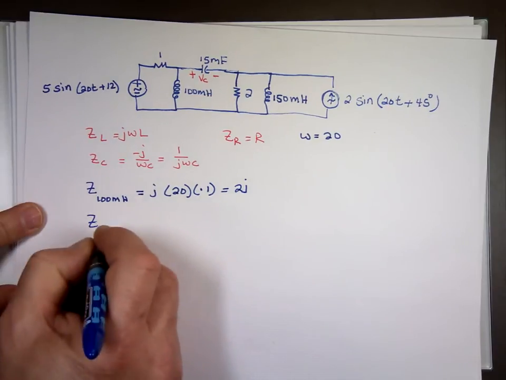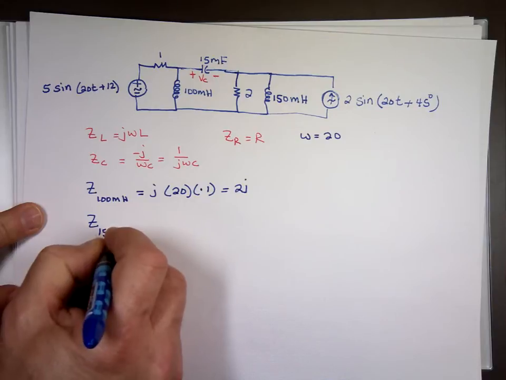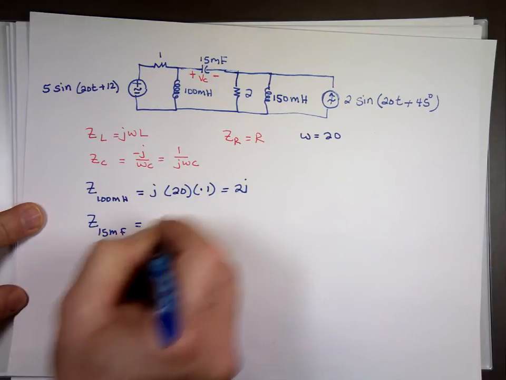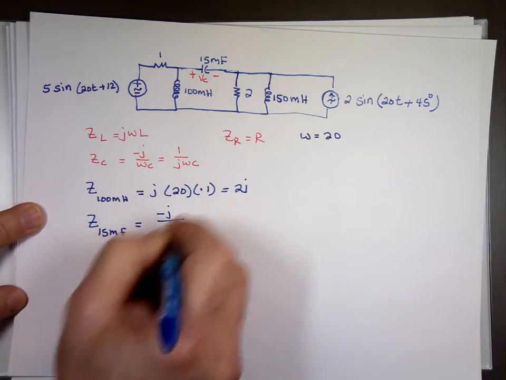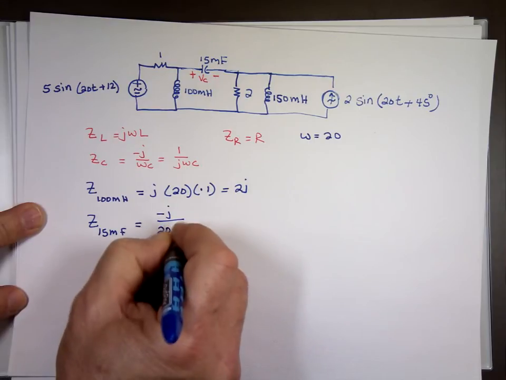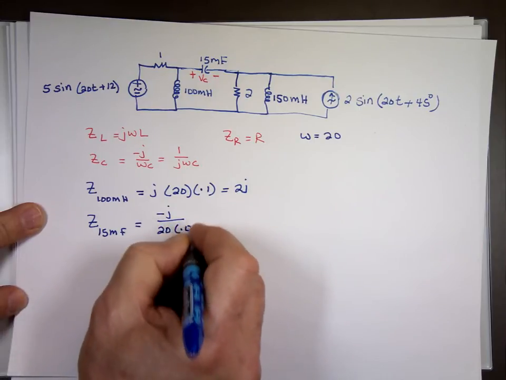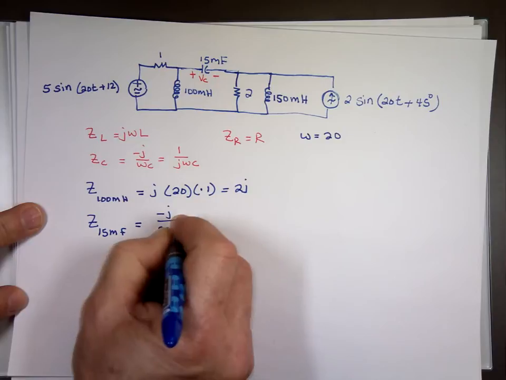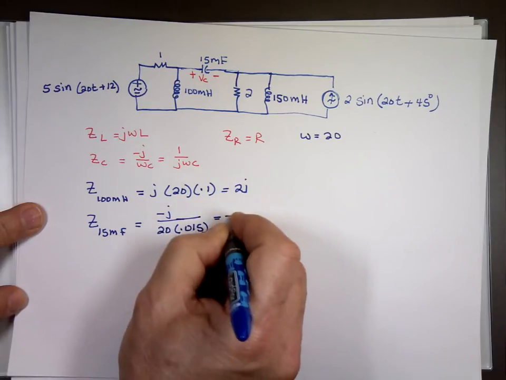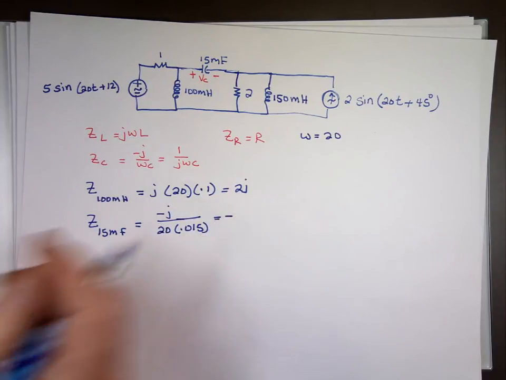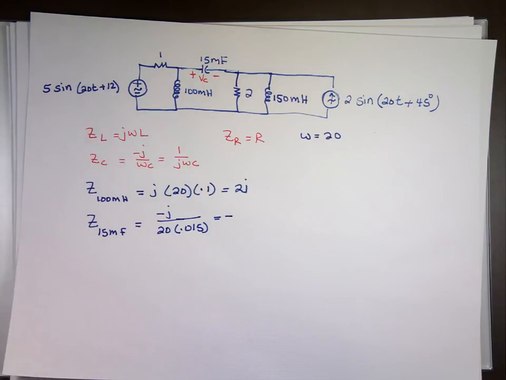Z for the capacitor, the 15 millifarad, is going to be negative j over 20 times 15 milli, 0.015. Negative, let's see, what's that number? 20 times 0.015, 0.3.